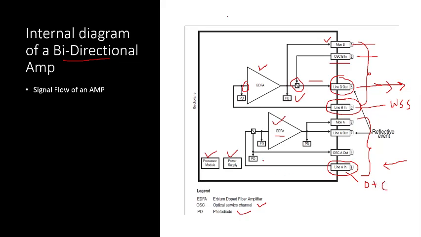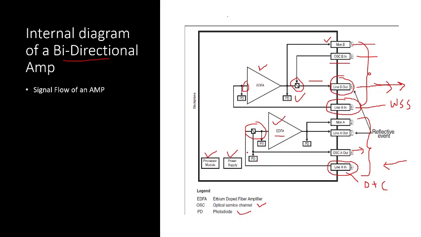Now with the help of a splitter, we are splitting the OSC here, and before amplification we are giving the OSC signal, or the management information of that particular site, to our processor from port number 4.